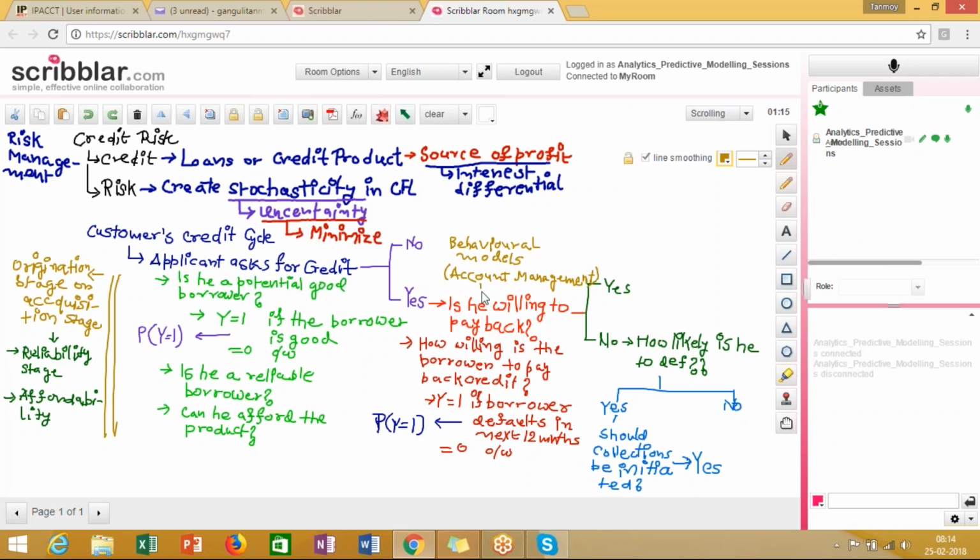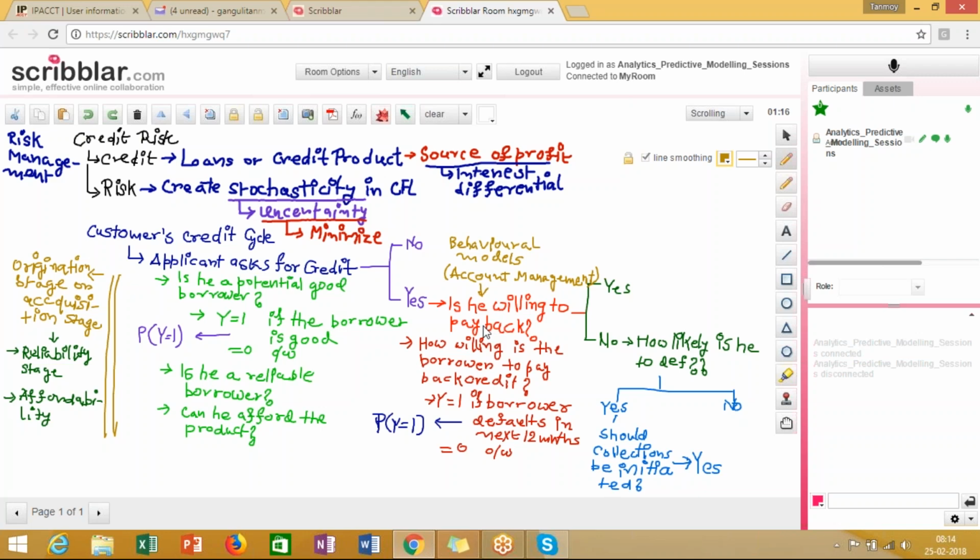Right. So basically, based on his probability of default, I will assess whether I should give him a credit limit increase or not. Because say, suppose I give him a credit limit increase and I see that his probability to default is actually very high, that means his willingness to pay back the loan is actually very low. Then I know that I am in for trouble, right? So that is the reason why behavioral models are used.